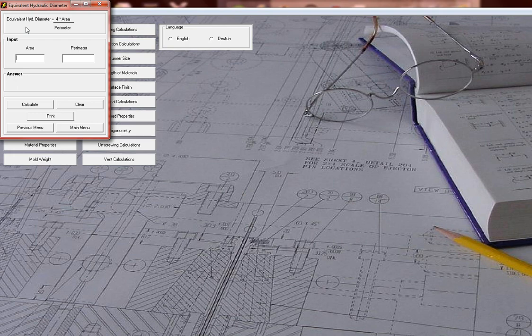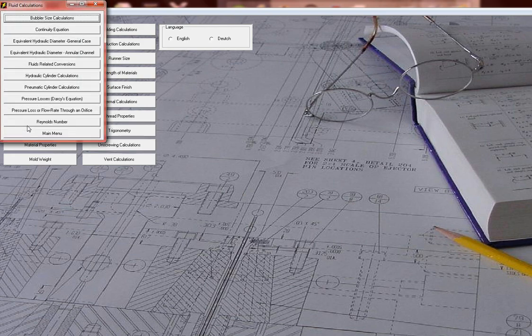And if you use a circle to describe this, it comes out as a circle, but if you use a square, the actual equivalent diameter is smaller. The circle is the most efficient because it has the least amount of perimeter to a given area. Any other shape is going to be a smaller equivalent hydraulic diameter.